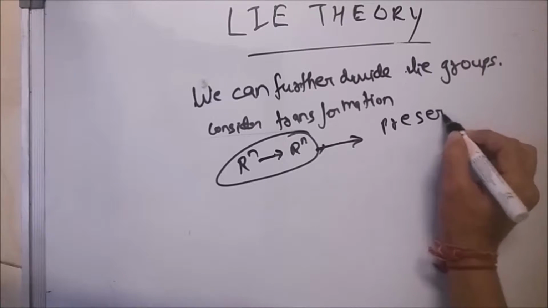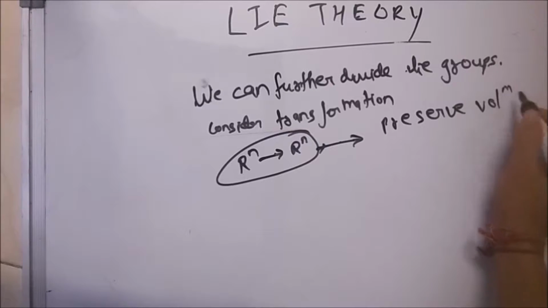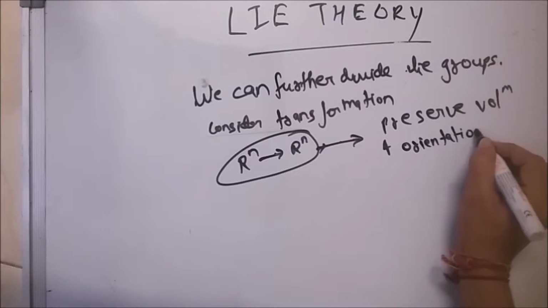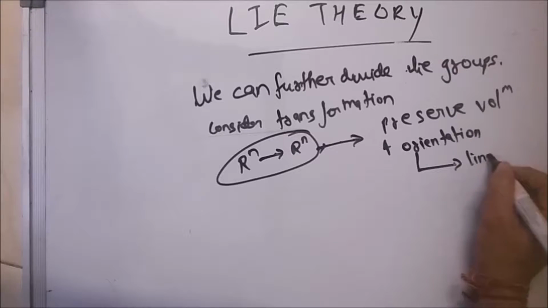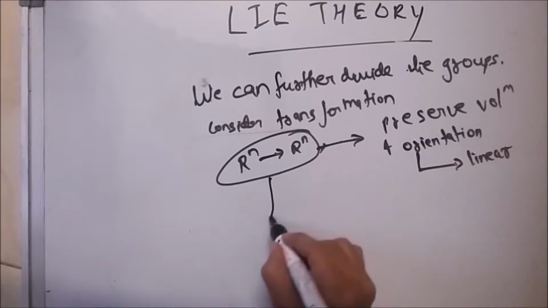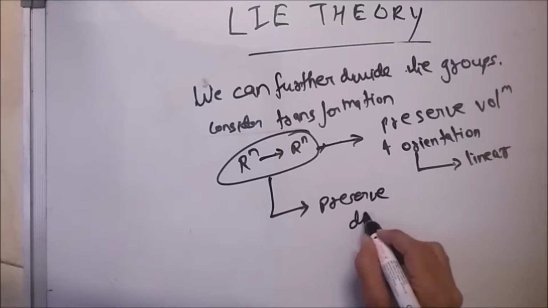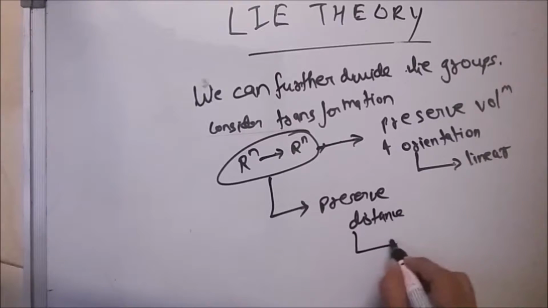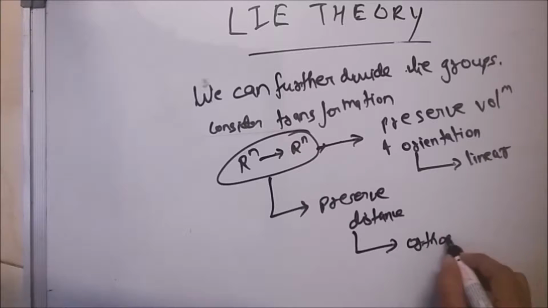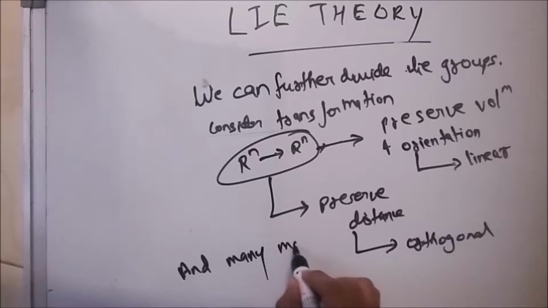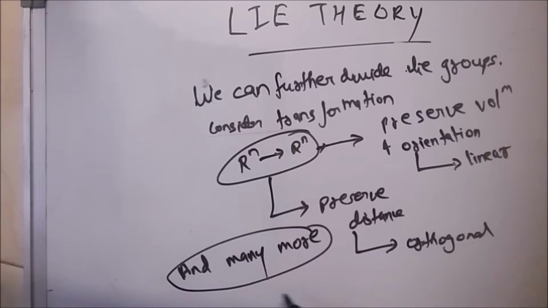If this mapping preserves both volume and orientation at the same time, then this type of mapping is called a linear group. And if the mapping preserves distance, then this type of mapping is called an orthogonal group. And we can have many more like that.